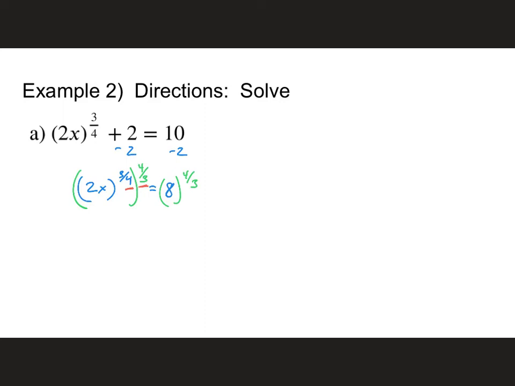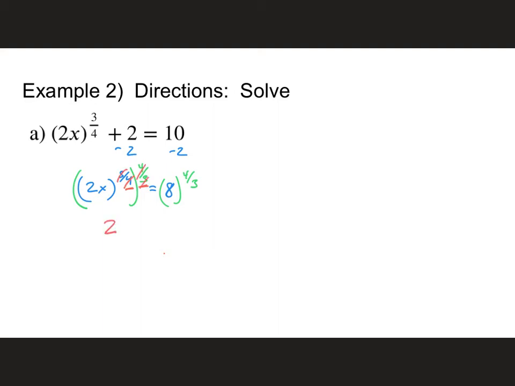So we take 3/4 times 4/3. And what is 3/4 times 4/3? Well, that's 12/12, which is, guess what? 1. So what happens in this particular problem is we actually end up with this exponent canceling out.